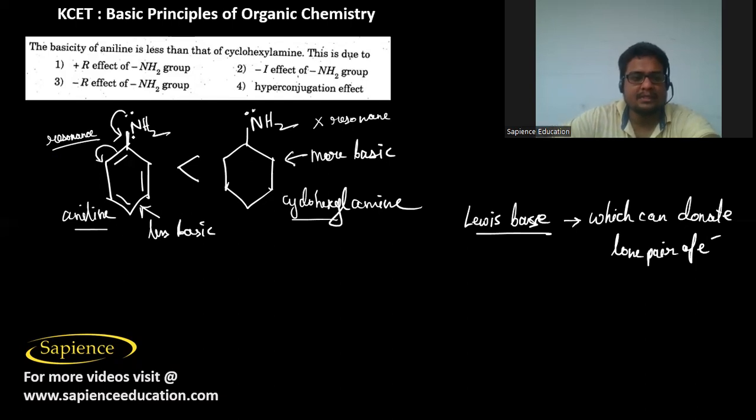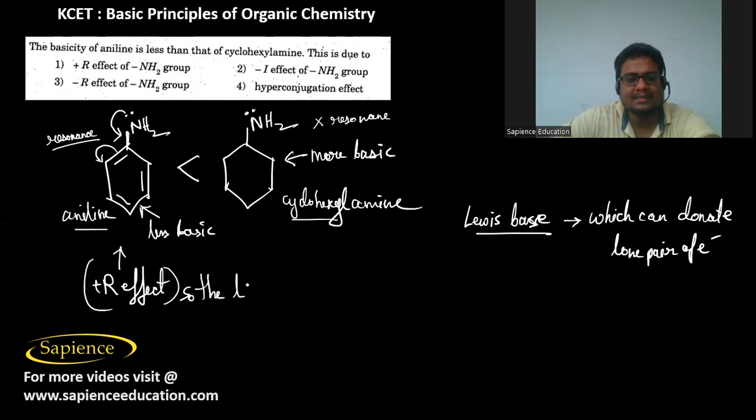So the NH2 in aniline will have a plus R effect, so the lone pair of nitrogen is less available.